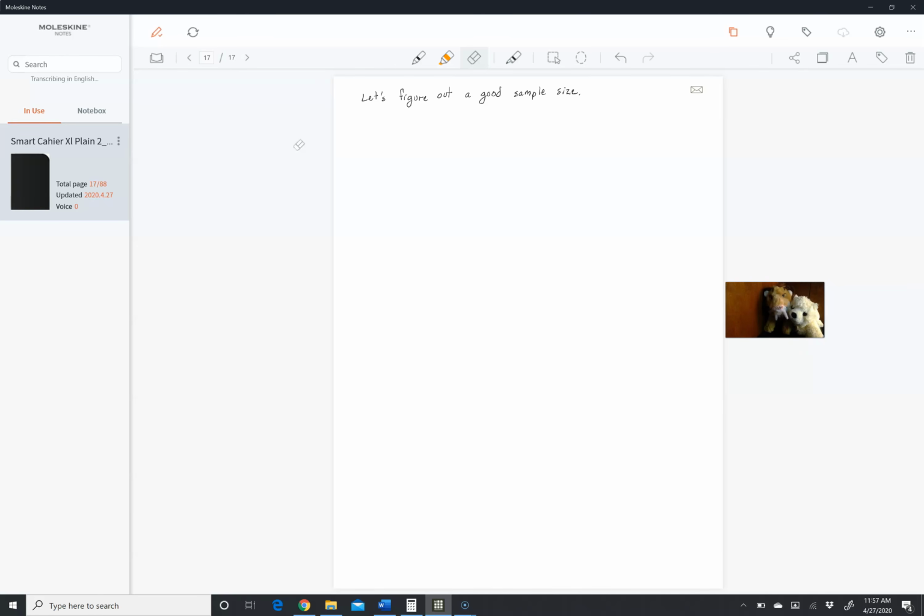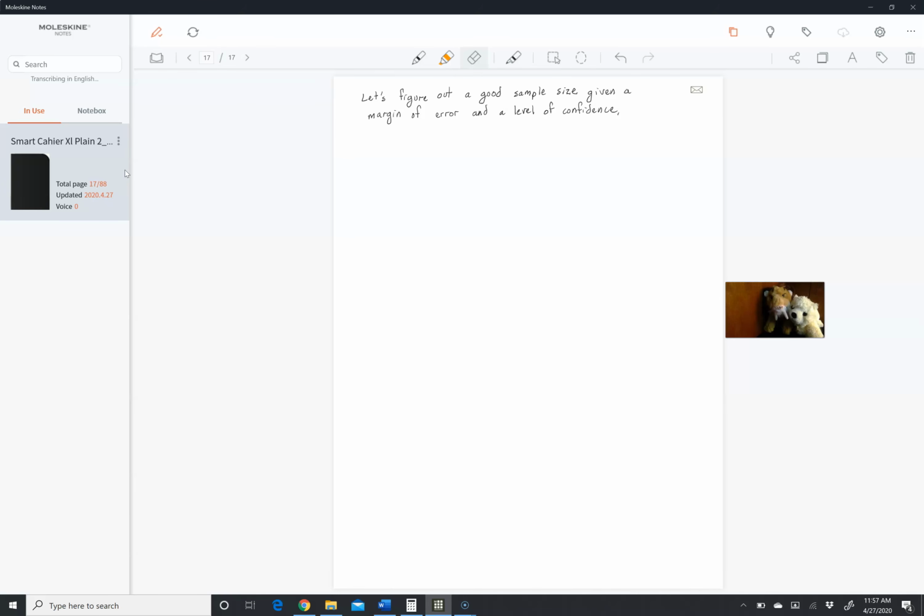So in this case, you're being given a margin of error and a level of confidence. So let's figure out a good sample size given a margin of error and a level of confidence. Okay, and this can be done based on that formula.